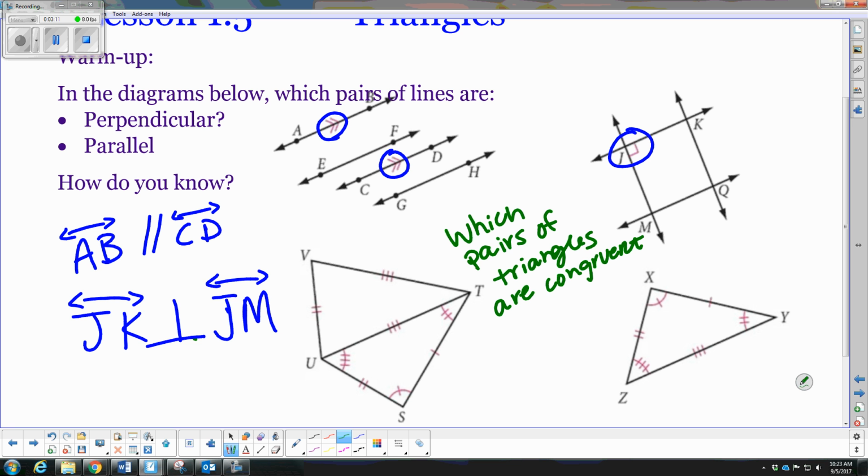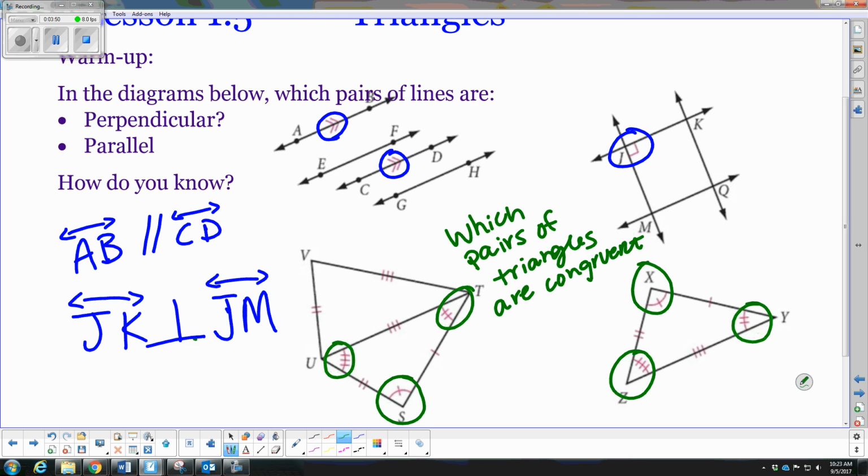So triangle UVT does not give any indication of congruent angles, but we know angle TUV is congruent to angle Z. We know angle UTS is congruent to angle Y. And we know angle S is congruent to angle X. So those are our corresponding angles, but let's also look at our corresponding sides.